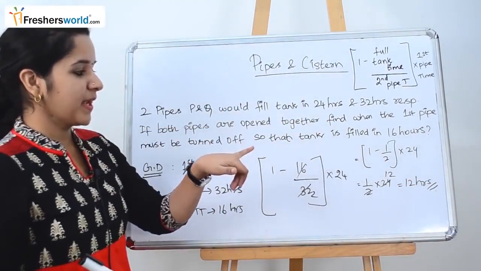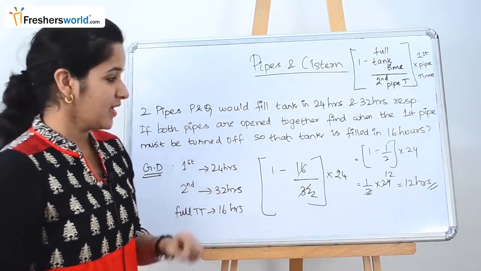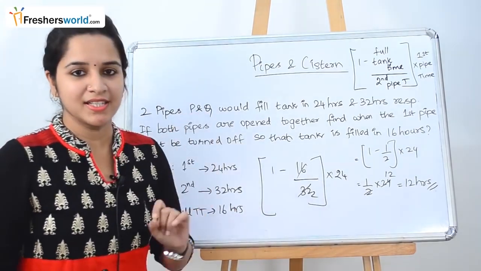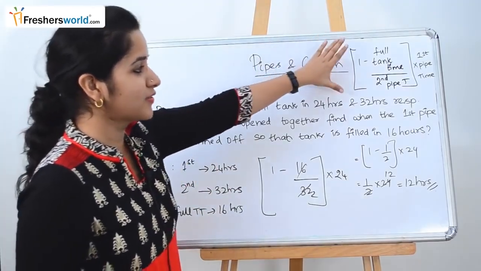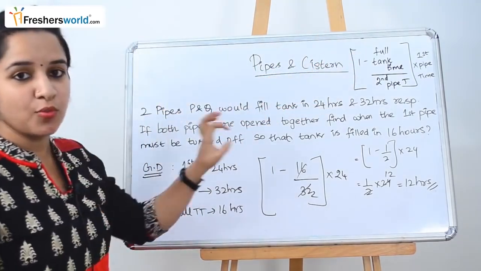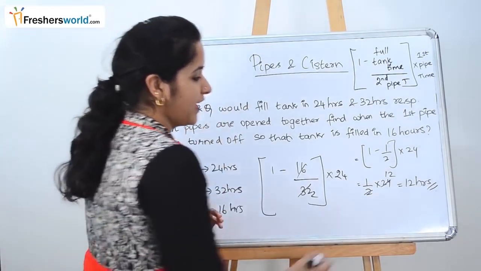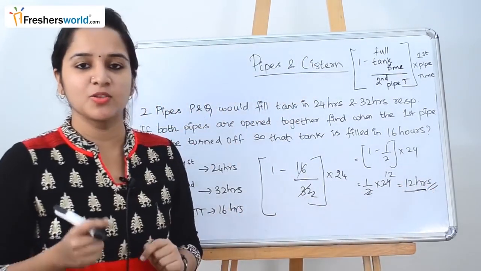So the first pipe must be turned off at 12 hours so that the tank is filled in 16 hours. There is an elaborate way to do it, but instead we just use this formula to directly substitute whatever is given in the question to find the time at which the first tap has to be closed.